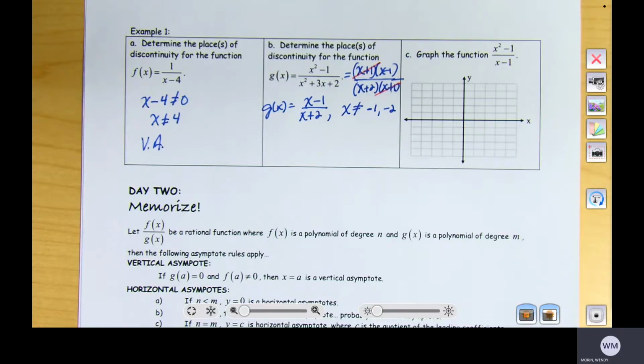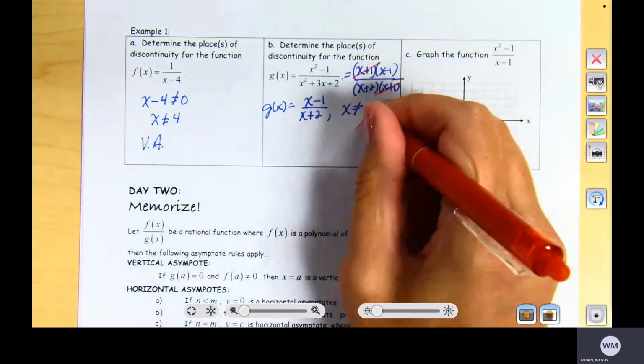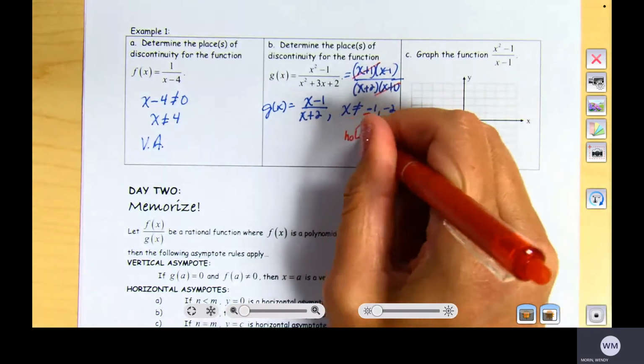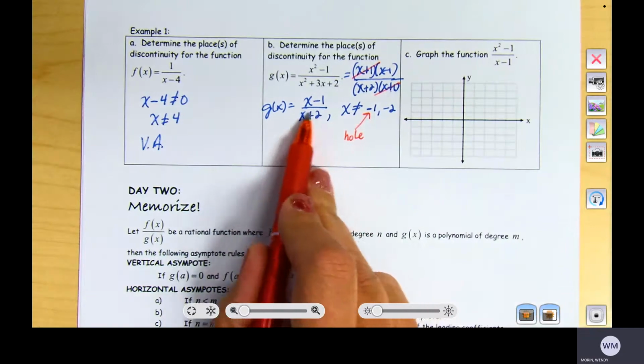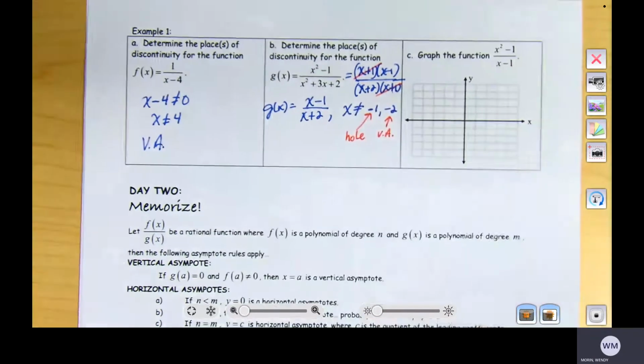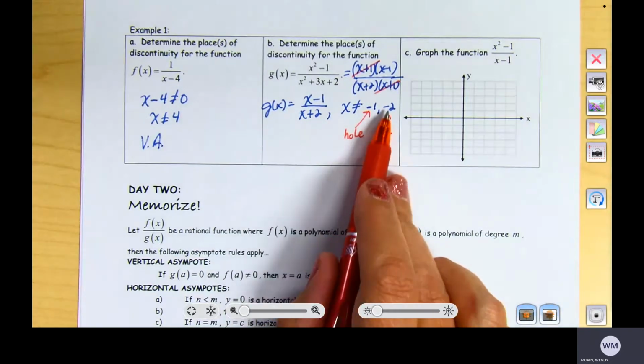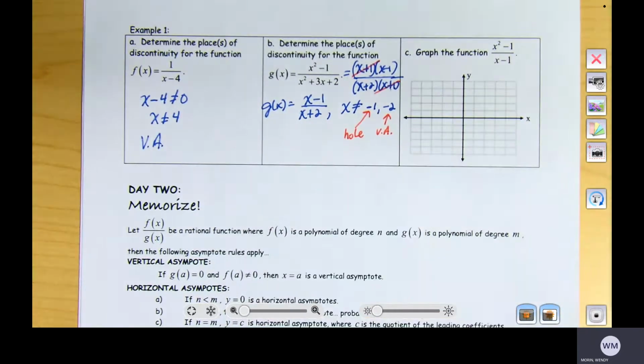You can have as many holes and as many vertical asymptotes as the graph has. So which one is which? Well, the one we canceled produces a hole, and any denominator that's left produces a vertical asymptote. Okay, so you have a hole at -1 and a vertical asymptote at -2.